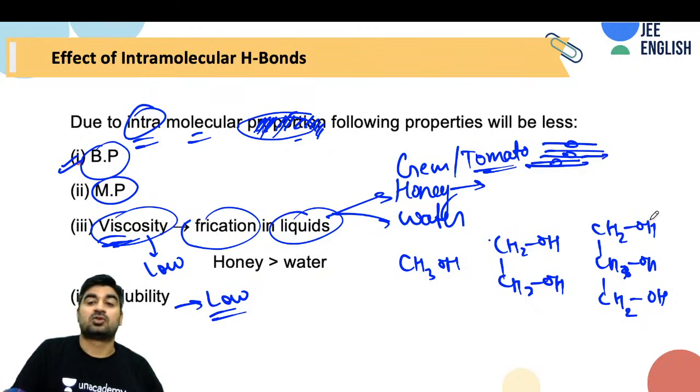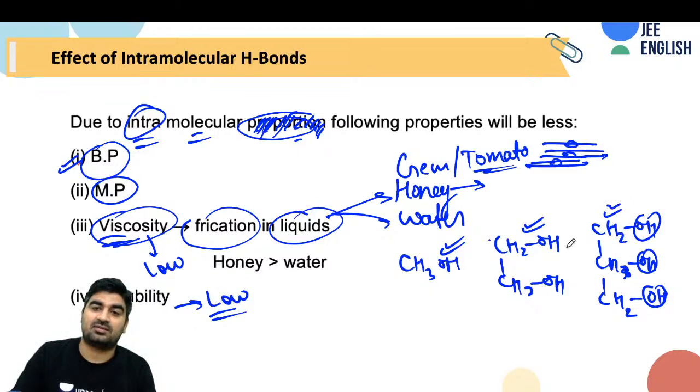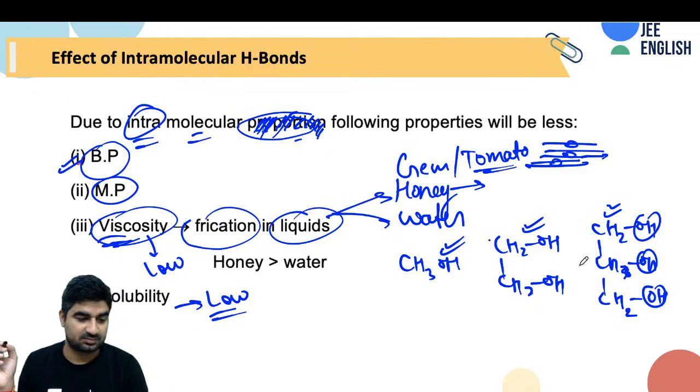In this case we have 3 OH. In this case we have 3 OH. So can you tell me in which case the viscosity will be higher? First, second or third?